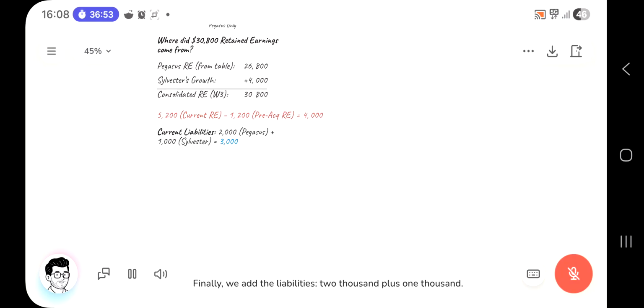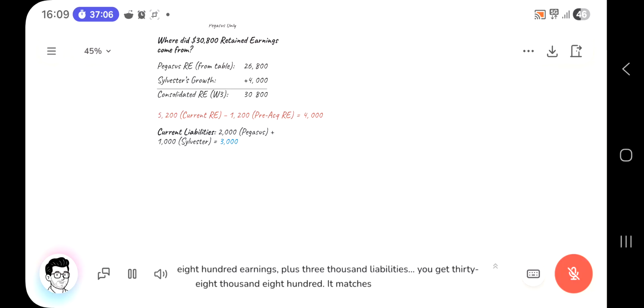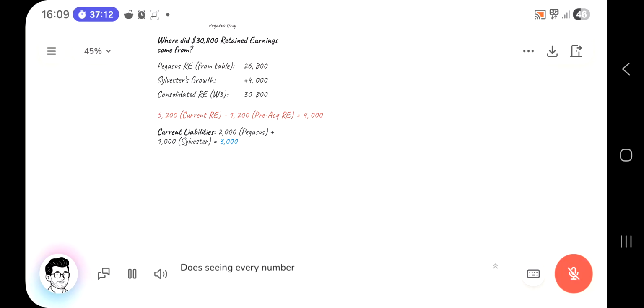When you add it all up, 5,000 share capital plus 30,800 earnings plus 3,000 liabilities, you get 38,800. It matches the assets perfectly. Does seeing every number linked back to either the main table or the working notes clear up where that 30,800 came from?